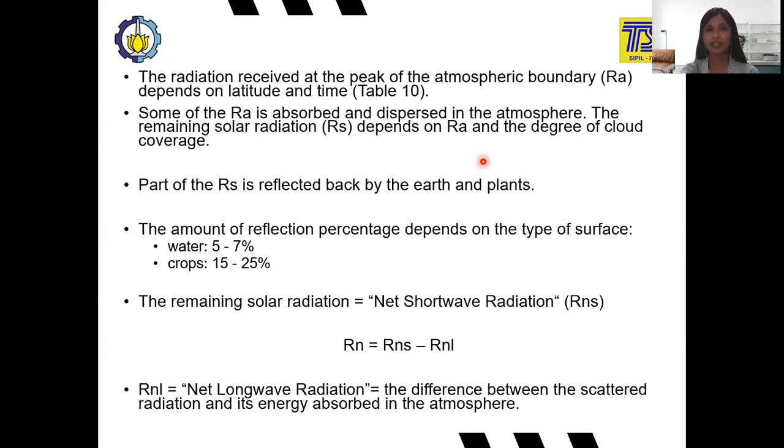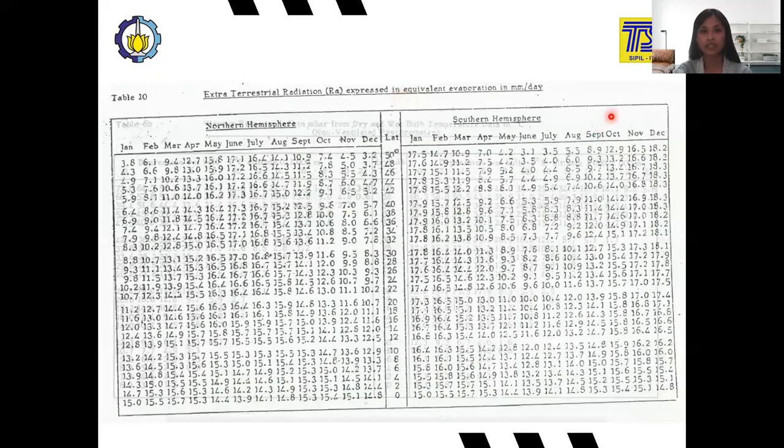Here the table that we use is table 10. For example, here is the table. This is table 10. If we want to use this table 10, we have to know the latitude of our region and the month of data that we use. Like, which month we got the data from, because it will be different.